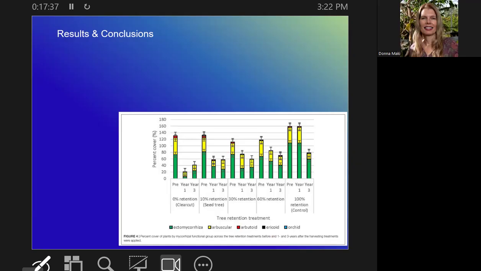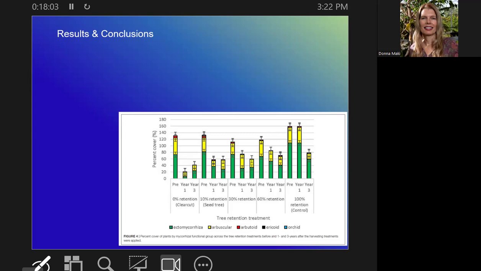Look at how the ectomycorrhizal got tanked in the first year. There's hardly anything there. And then it did bounce back a little bit. But then you start comparing the clear cut to some of these other cuttings where they did the 10%, 30, 60, and you can see much better recovery of the ectomycorrhizal fungi.